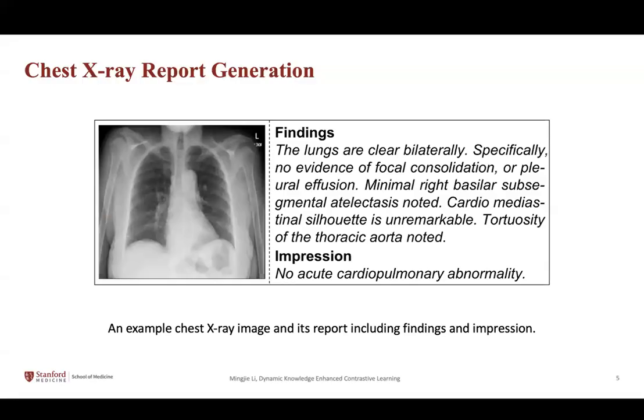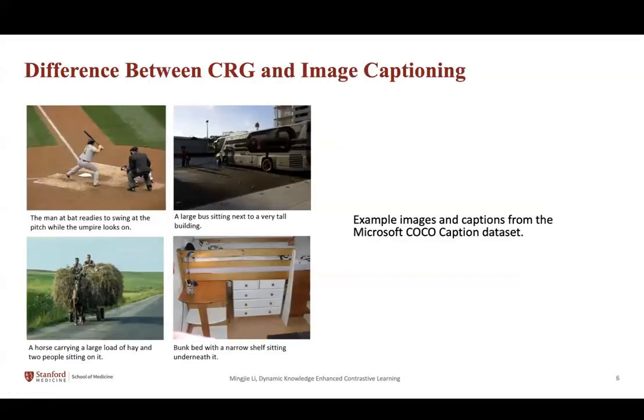Here is an example of a chest X-ray image and its report, including findings and impressions. Recently, because there are lots of datasets focused on different imaging examinations, such as X-ray, CT, retinal images like FFA or OCT, we call it chest X-ray report generation, which only focuses on chest X-ray images.